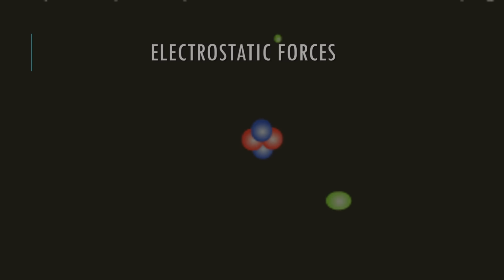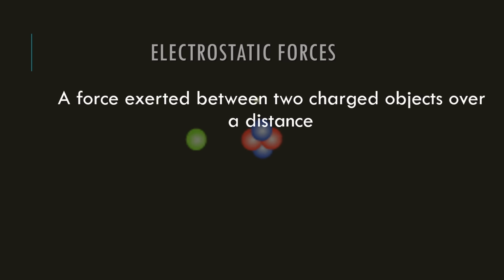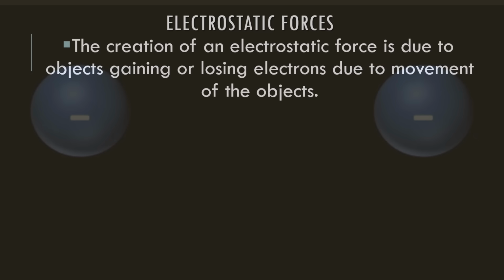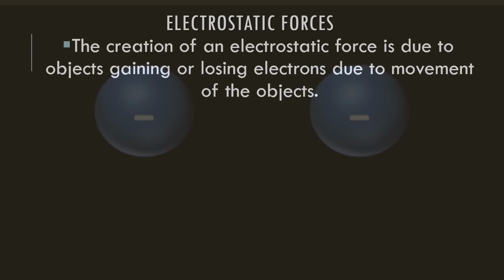Now we move on to our last and final field force or non-contact force, and this is electrostatic forces. An electrostatic force can be defined as a force exerted by two charged objects onto each other over a distance. With regards to electrostatic forces, the creation of an electrostatic force is due to the objects gaining or losing electrons due to the movement of the objects, like friction.